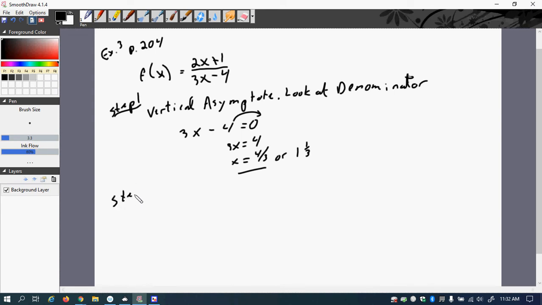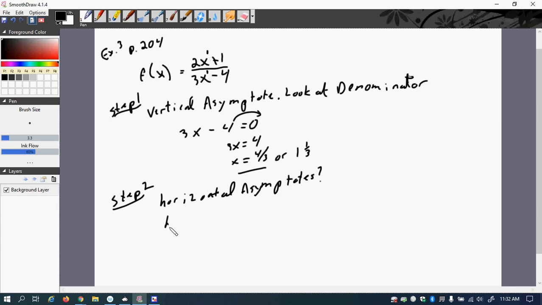Step 2, we want to see if there are any horizontal asymptotes. Okay, and that is where we have to look at the actual exponents. So there's a 1, that's our largest there, and there's a 1. So these are the same.